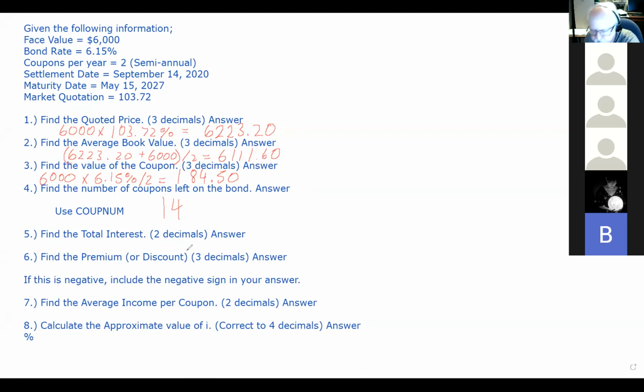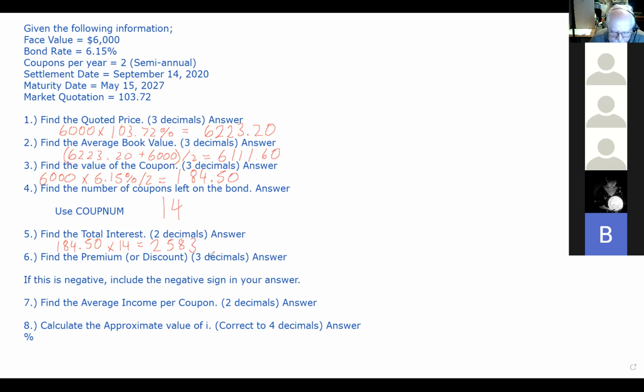So find the total interest, which is the coupon times the number of coupons. So 184.50 times 14. And I'm getting 2,583. And Moodle would have liked that.